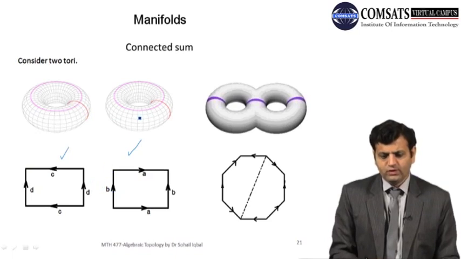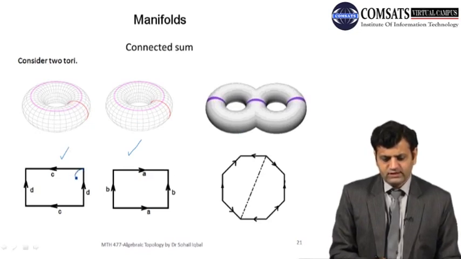So how do we obtain the connected sum of these two tori such that the result is a two torus? The procedure is very simple. Take a disk inside this one torus and take another disk inside this other torus.